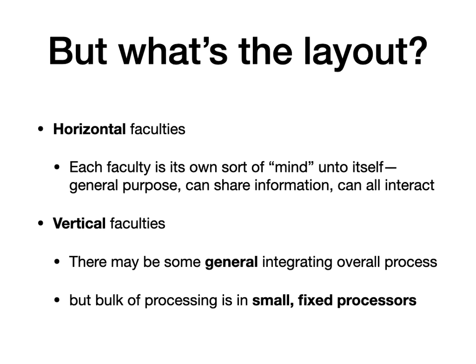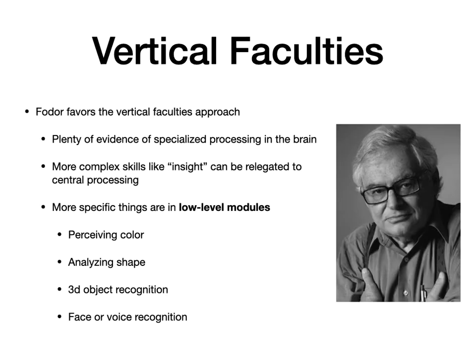But there's a newer idea that comes in: the idea of vertical faculties. While there might be some general integrating overall process, really the bulk of the processing in the mind is in these smaller fixed processors. Jerry Fodor, old friend, he favors this vertical faculties idea. There's lots of evidence for this specialized processing, right? That's become clear to us.